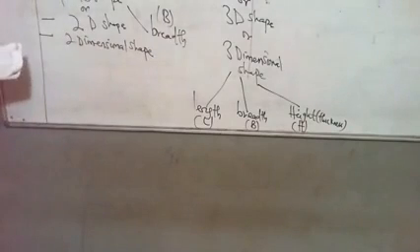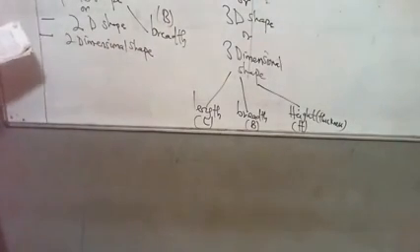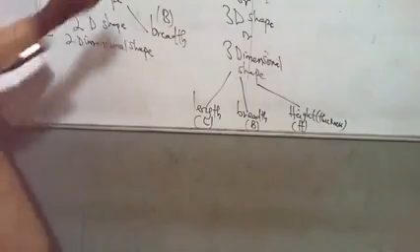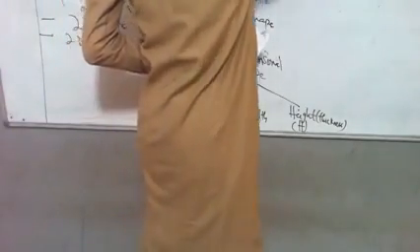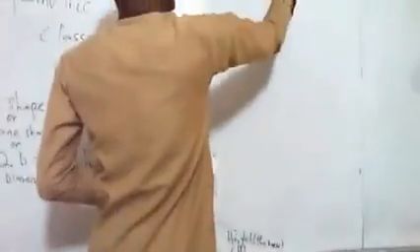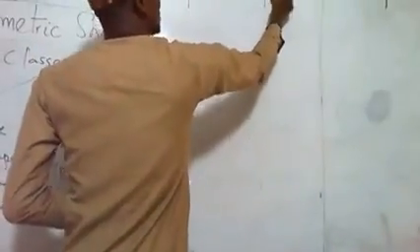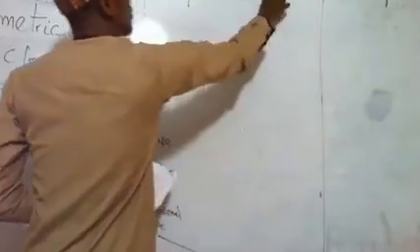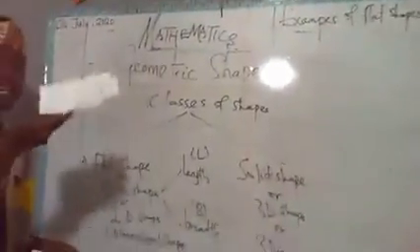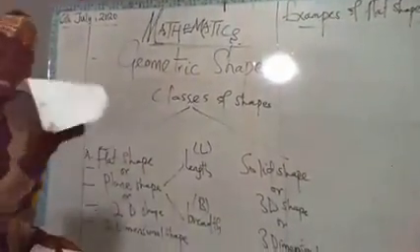So the first one, which is the flat shape. Let's take some examples of flat shapes. Why do you call them flat shapes? I've told you that it has length and breadth. Look at this paper, for example. You see that it is flat. So you can't tell me this is a solid shape.